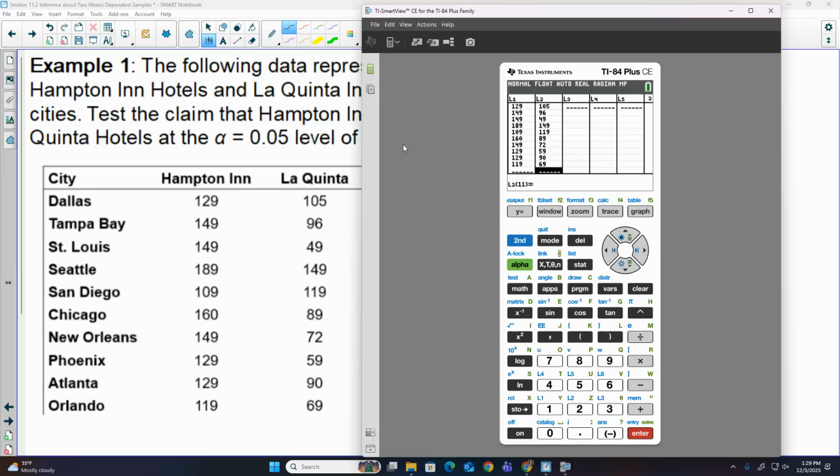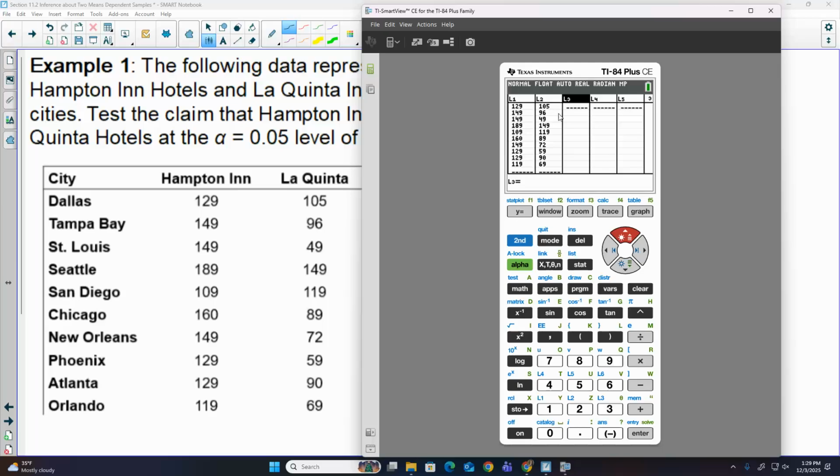Okay, but what we care about is the difference. So I want you guys to go up onto L3 and highlight L3. It says L3 equals blank. We want the difference in these prices, so we are going to do L1 minus L2. You can go through and calculate that for every single one of them, but our calculator will do it for us.